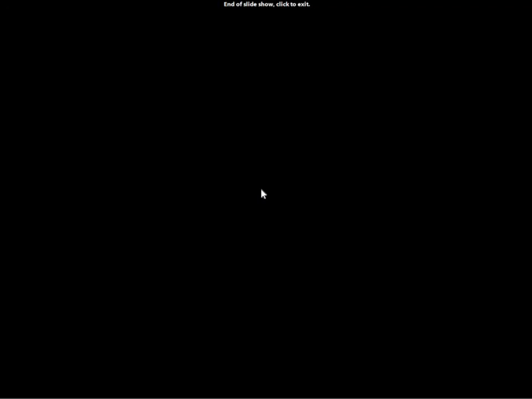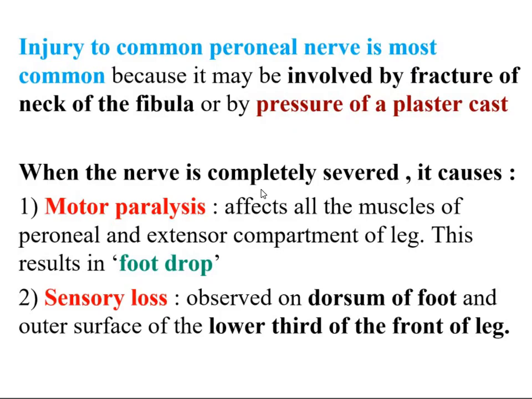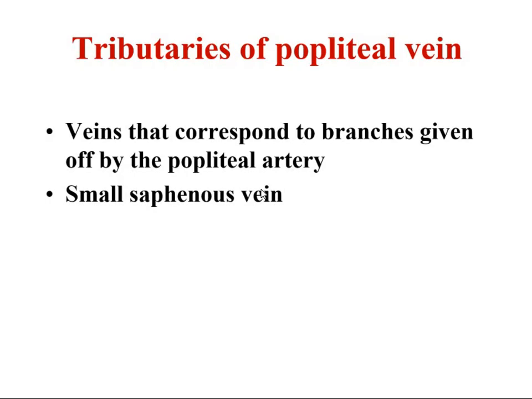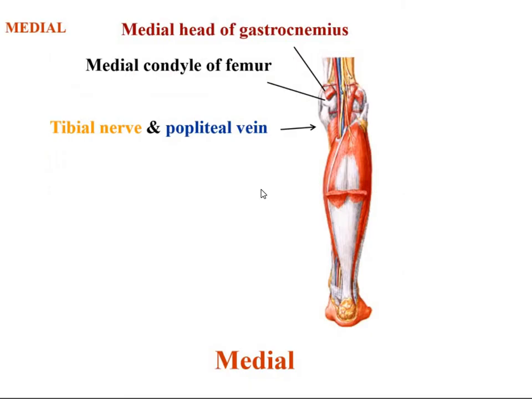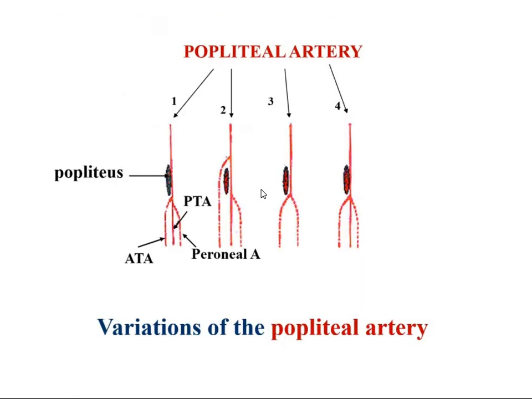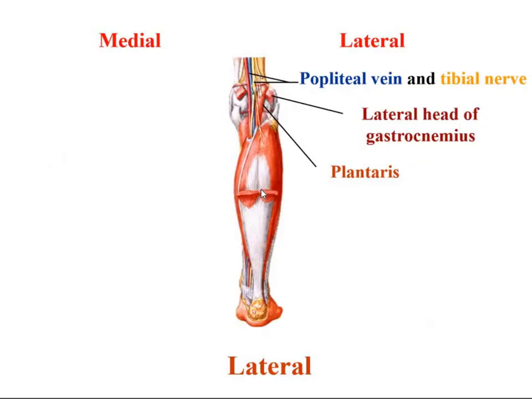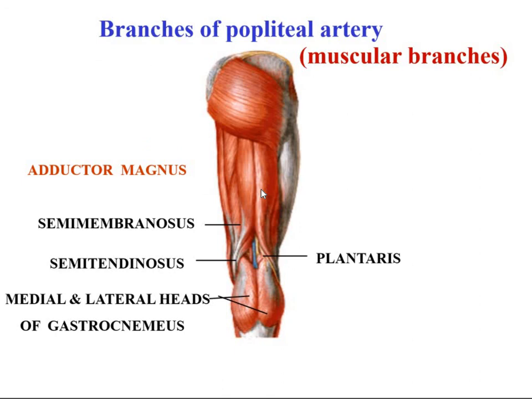Your popliteal fossa is very important. Read it carefully. Just go through the boundaries, contents, the branches of popliteal artery, its relations, okay, and then obviously your tibial and the common peroneal nerve, muscular branches.